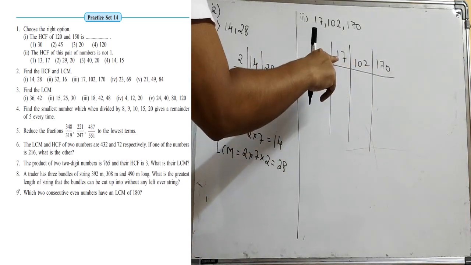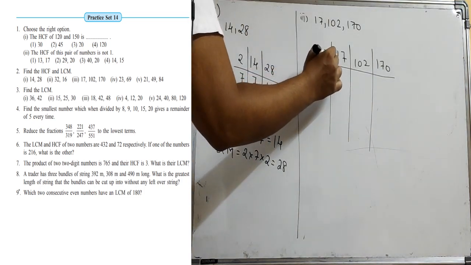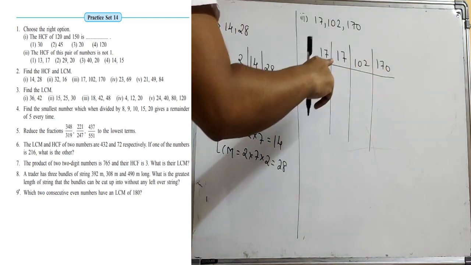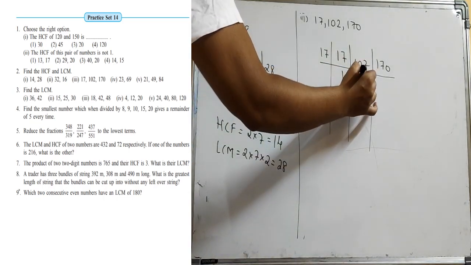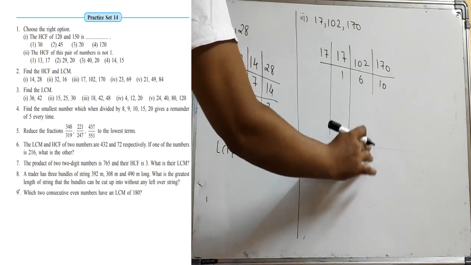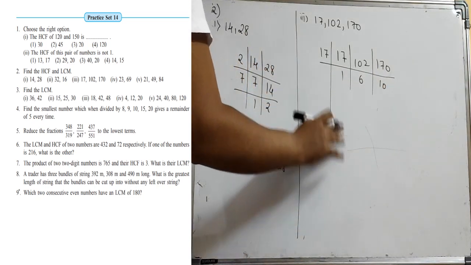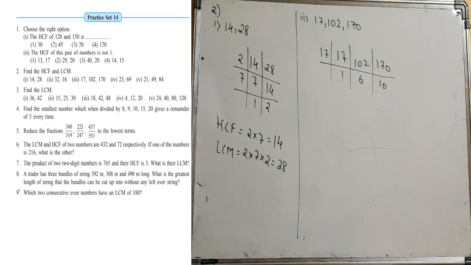Now 17 is a prime number, so it won't go in any other table other than 1 and itself. So you're going to write 17 over here, and all these numbers go in the table of 17. 17 1s are 17, 17 6s are 102 and 17 10s are 170. So other than this we cannot factorize any further.